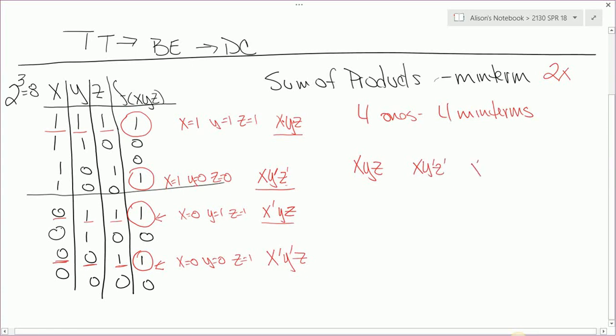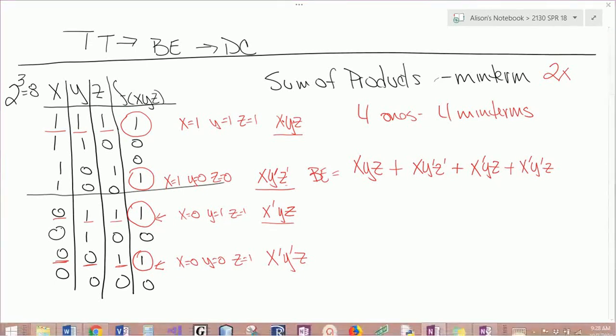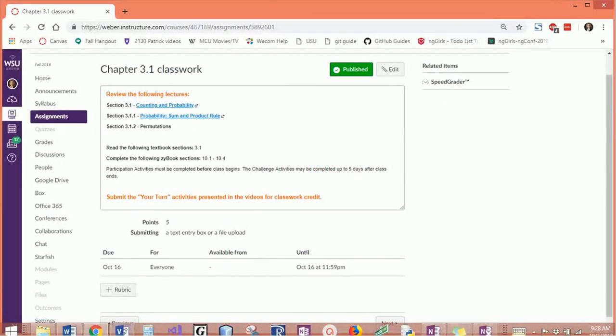The third minterm is x naught, y, and z. And then the fourth minterm is x naught, y naught, z. And I am going to sum all of these products together.